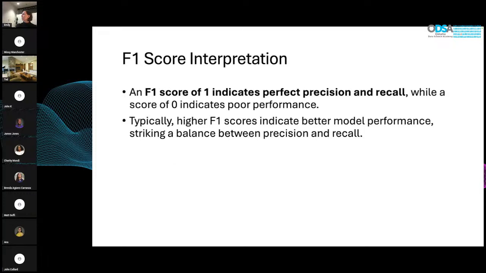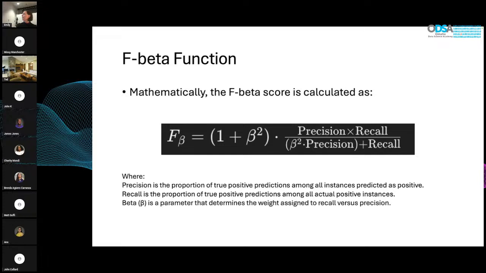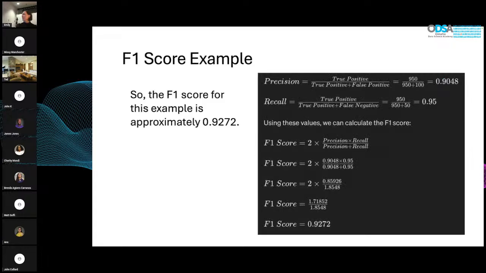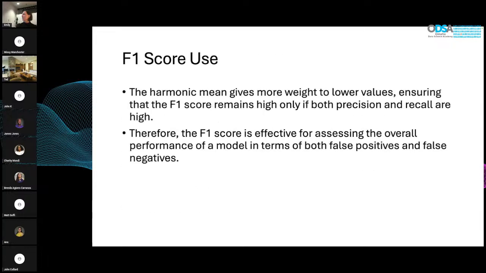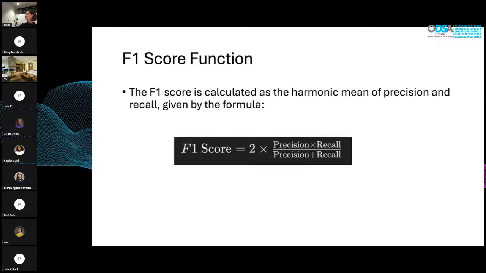We're going to finish F1 here real quick, but then we're going to talk about F beta, which is the generalized form where you can put anything in for the beta value. But I'm getting ahead of myself here. I think you will be curious, John, when we get to that one.